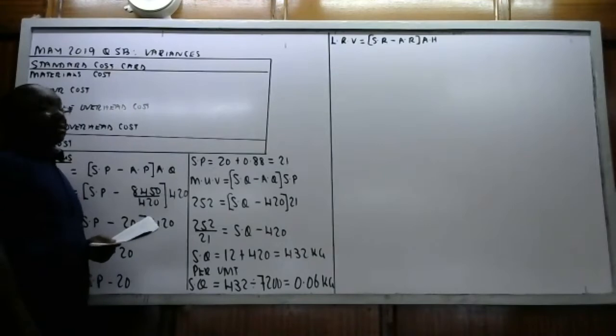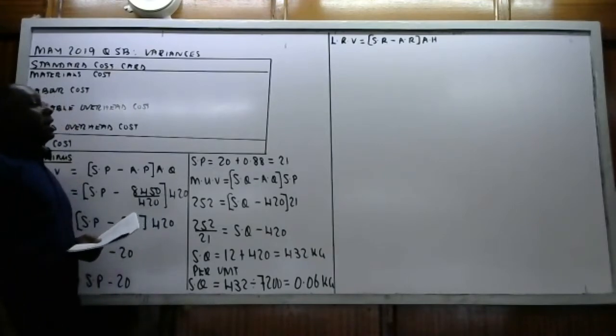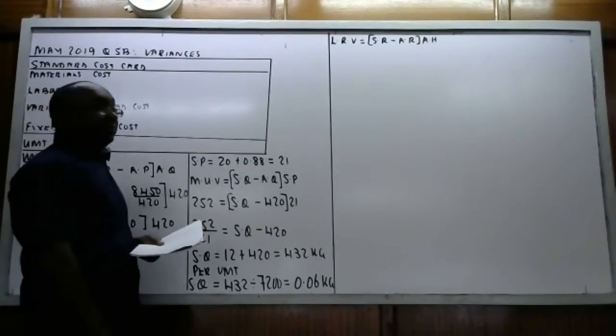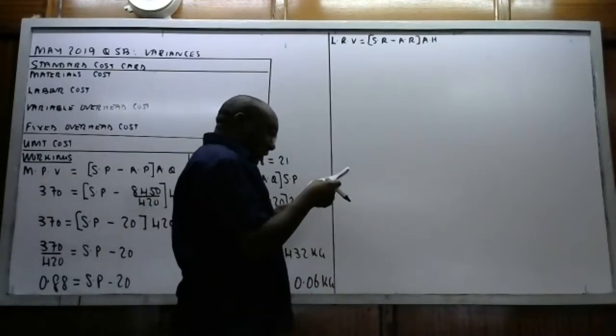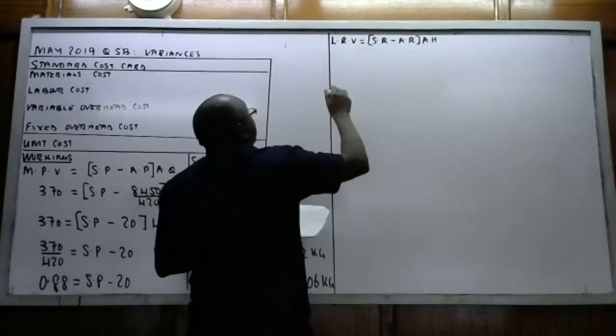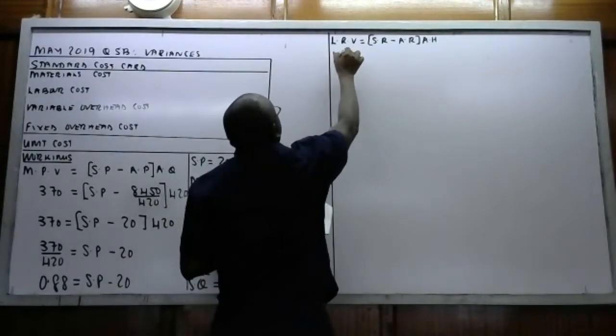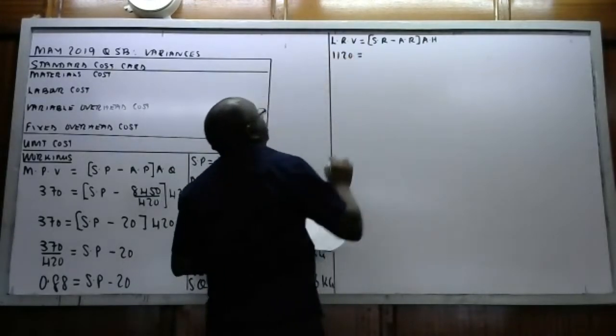This variance is 1,120, which is favorable, so that means it is positive.